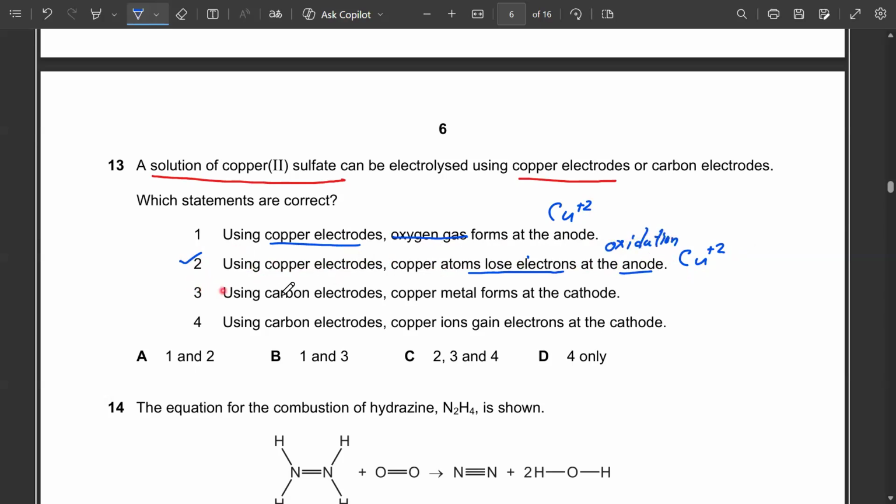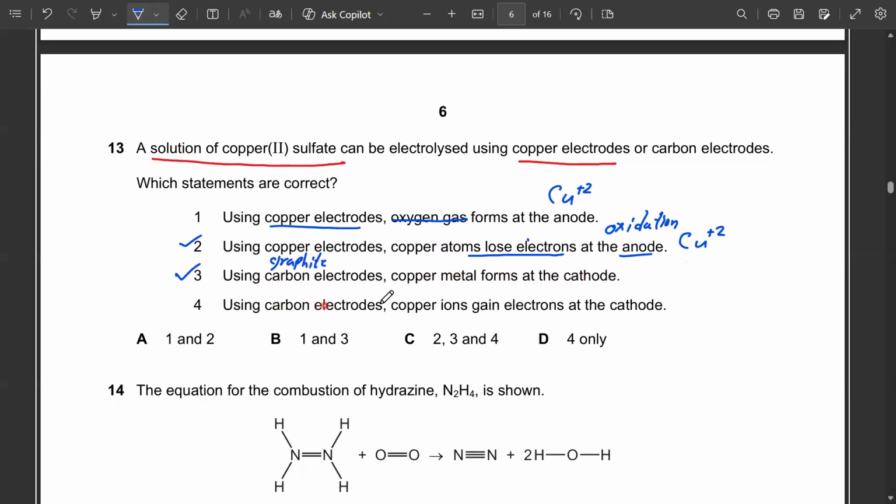The third statement says that using carbon electrodes, copper metal forms at the cathode. So yes, that's what we learned in the case of the carbon electrode, or graphite, because both are carbon. So there will be formation of copper metal. And the fourth option says using carbon electrodes, copper ions gain electrons at the cathode.